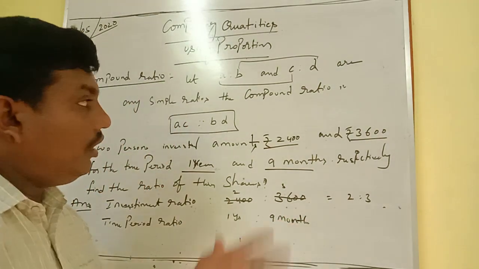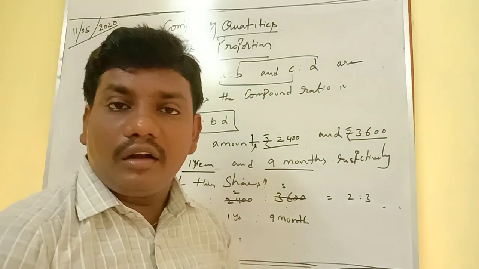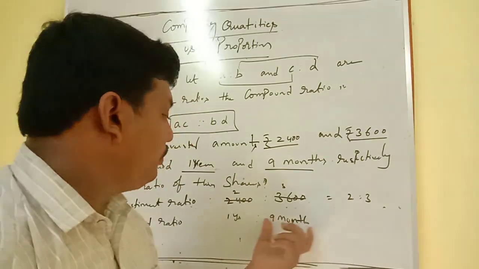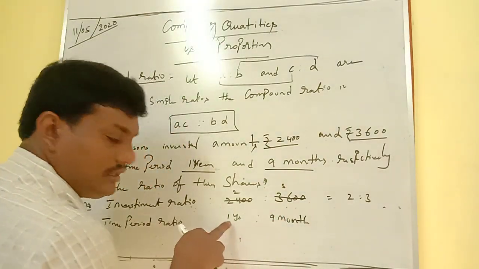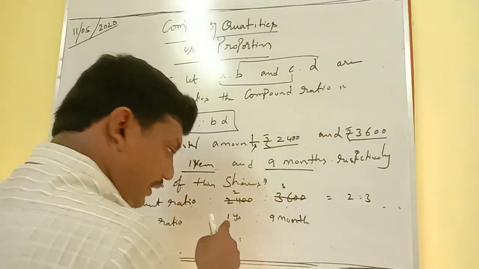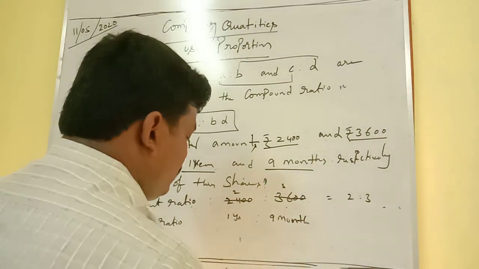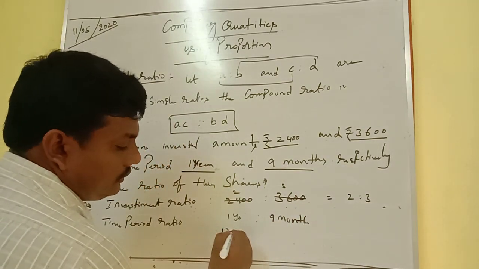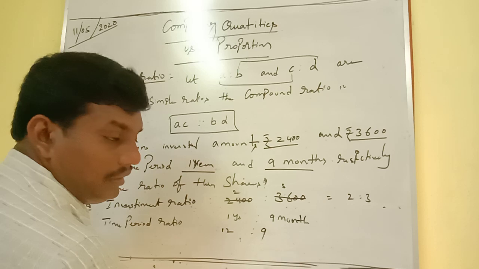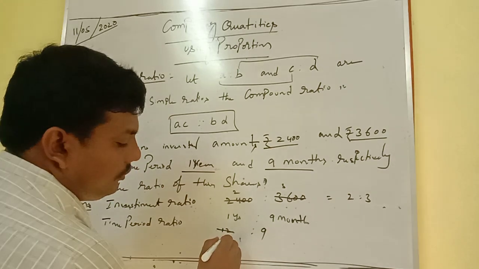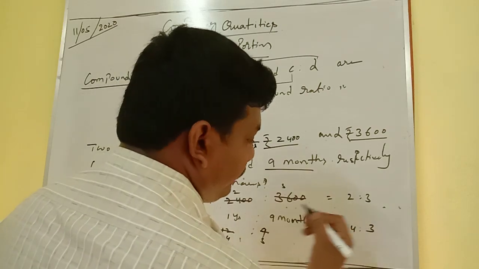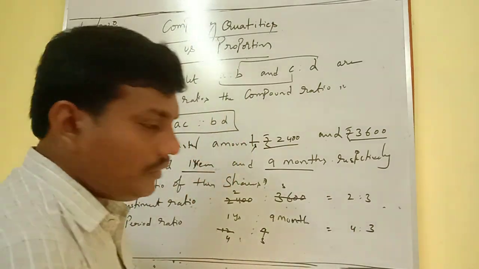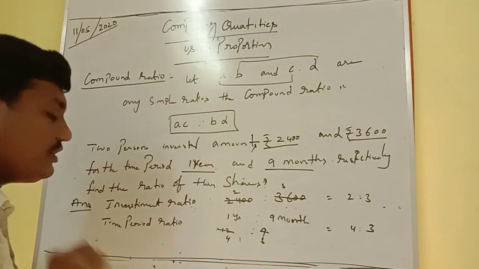A ratio is an ordered comparison, so the quantities should be in the same units. Here it is in months, but the other is in years, so we convert the year into months. So this is 12 months is to 9 months. You can take the 3 table, 3 fours are 12 and 3 threes are 9. It should be 4 is to 3.